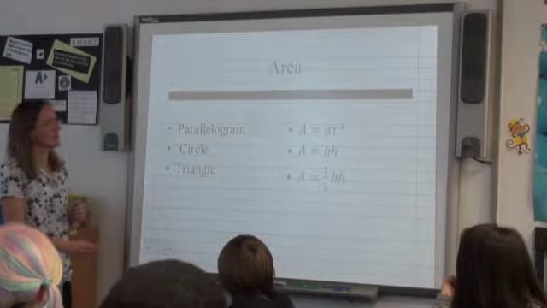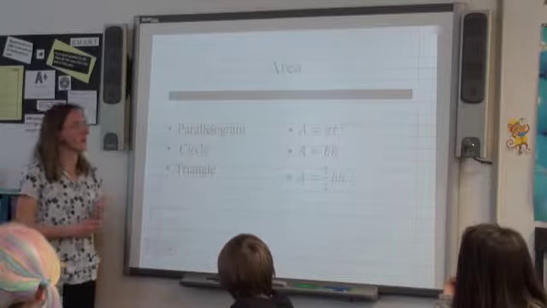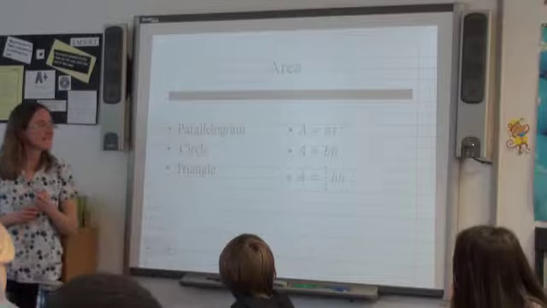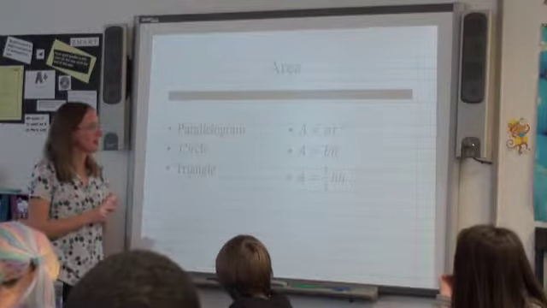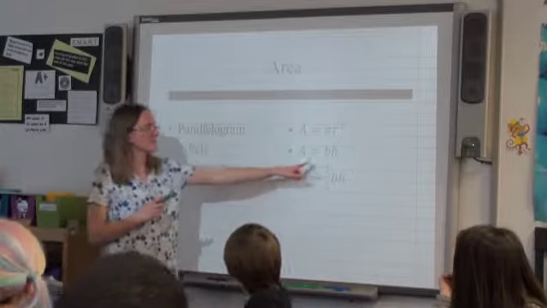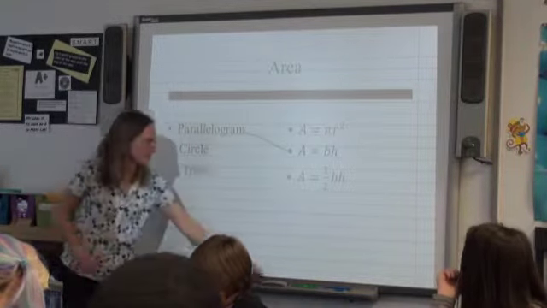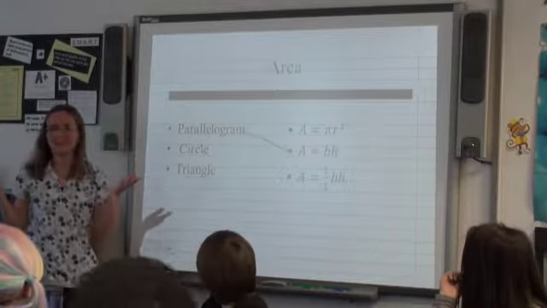Alright. And now I'd like to go to area. That's not right, is it? It's not straight across. What is the area of a parallelogram? Or a prism, in this case? Right? So that's base times side. Alright, what's the area of a circle? Yeah, we did this last time.